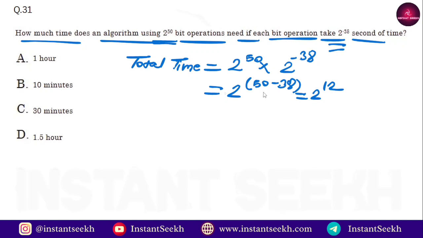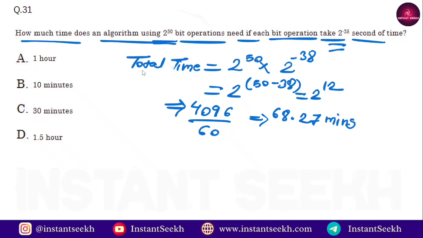And if you compute 2 raised to 12, it will give you 4096 seconds. Now if you divide this by 60, it will give you minutes. We are converting it to minutes and hours. So it will give you around 68.27 minutes.